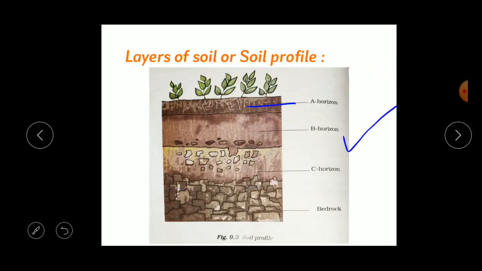Here you can see this bedrock, it is the last layer of soil. It is present just below the C horizon, right? And this layer is very hard, that's why it is difficult to dig, it is difficult to drill. So this is about the soil profile.